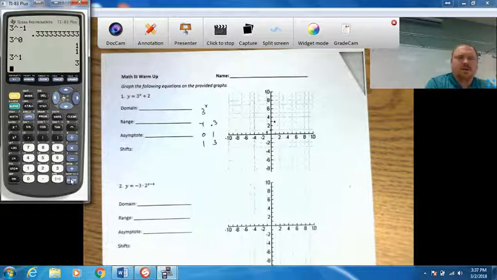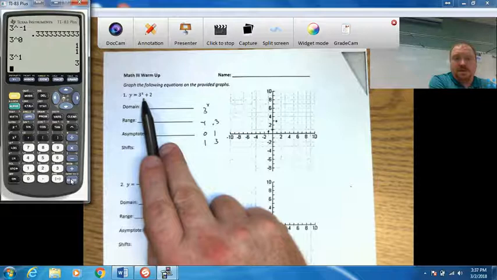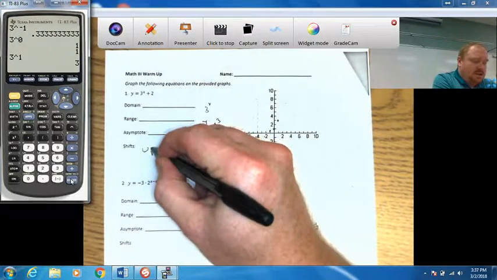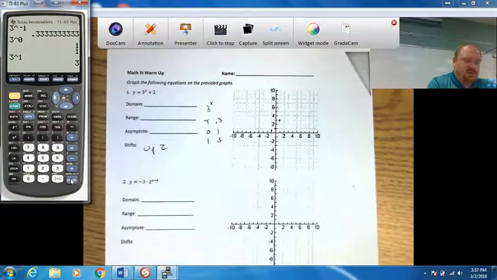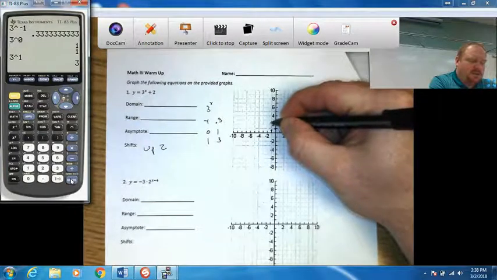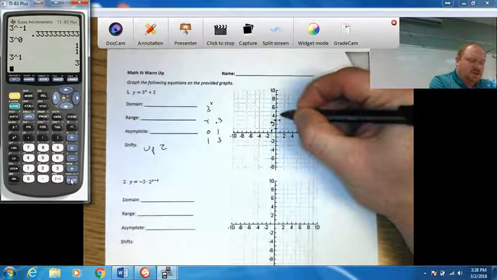Now I'm going to look at my given function and list what's happening to it. Well, it has +2, so I'm going to shift it up 2. So I'm going to take each of my points and just go up 2, 1, 2, this is still in the middle, 1, 2, and 1, 2.